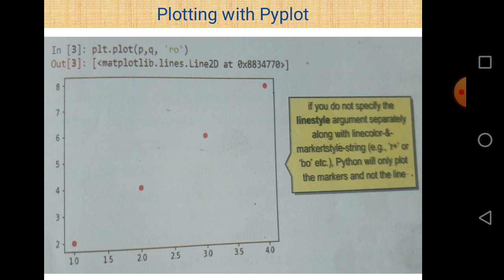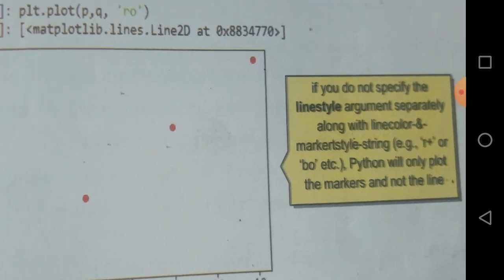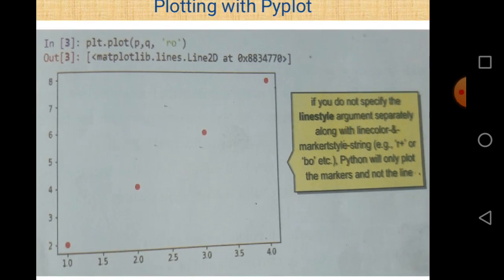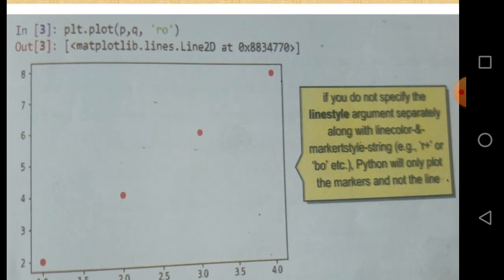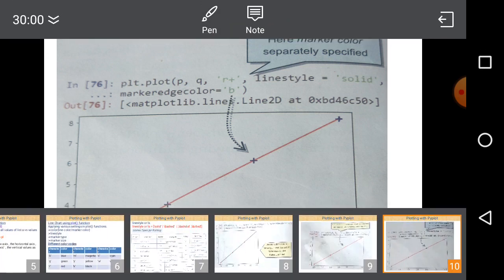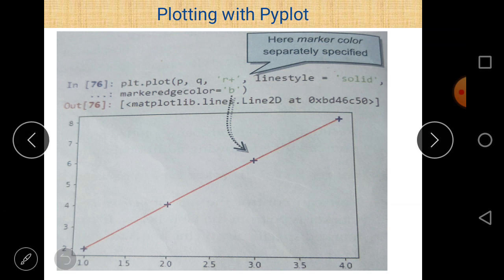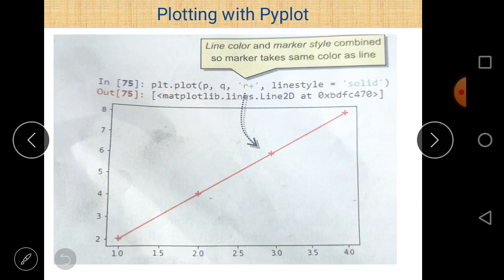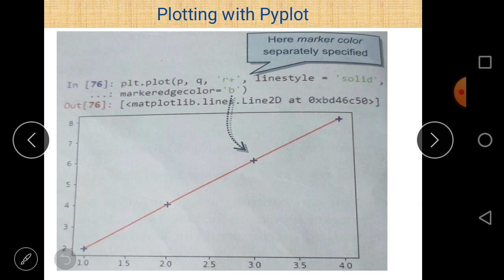Now what happens if you don't use the line style argument? There is a small example here. We just write plt.plot(p, q) and then an argument, and there is no line style. In our previous examples there was a line style named solid, so a solid line was there. You can use a dotted line also.